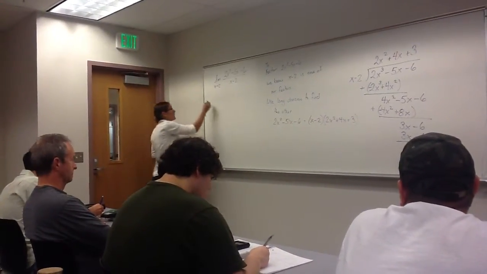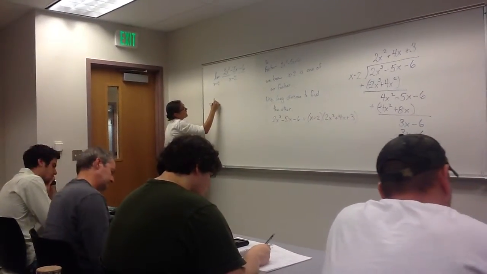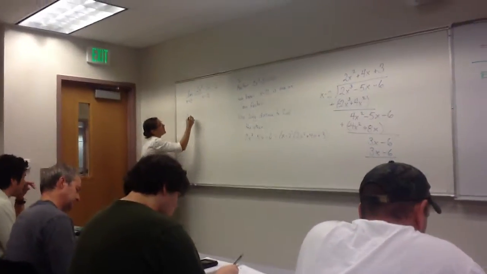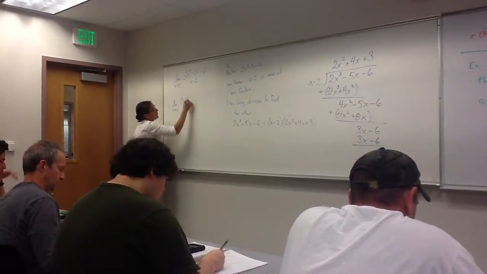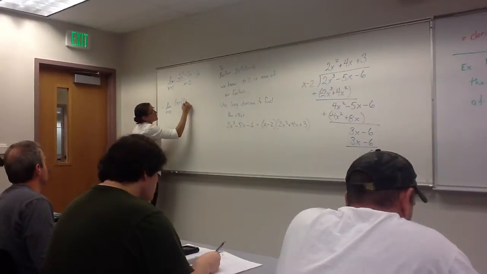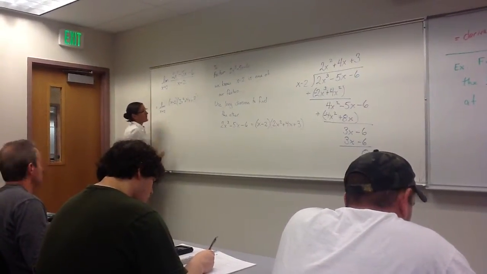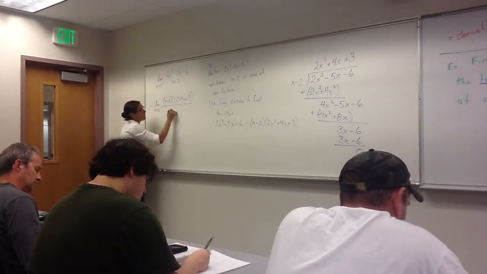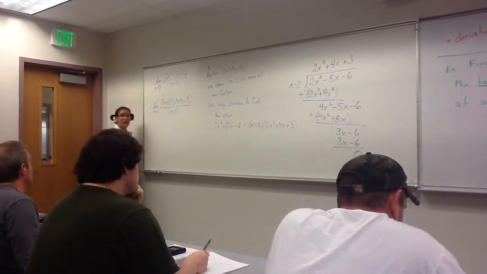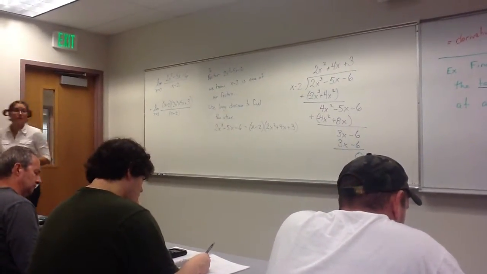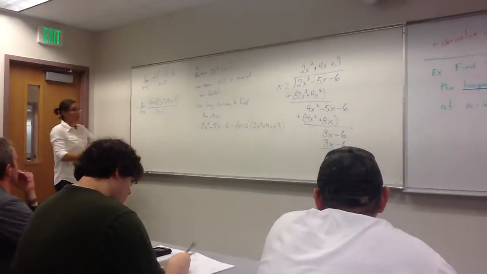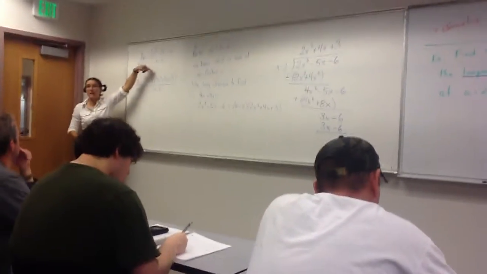Okay, so now let's go back to our limit, and we've got the limit as x approaches 2 of x minus 2 times 2x squared plus 4x plus 3, all divided by x minus 2. So all of that long division was literally just to factor that numerator.